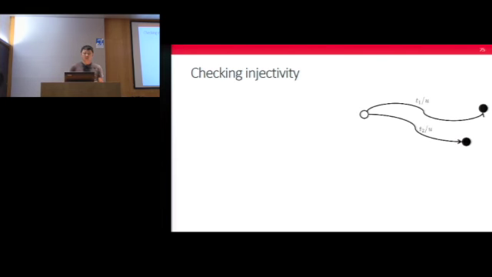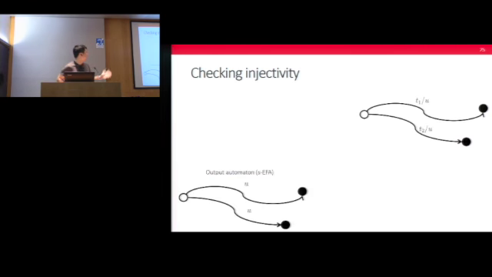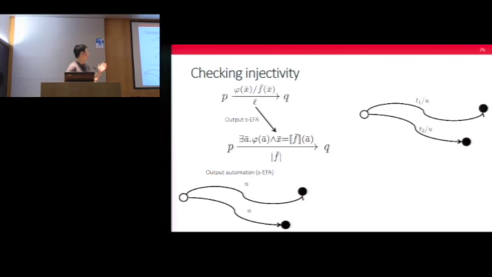Intuitively, a transducer is not injective only if 2 different inputs can produce the same output. To check this property, we can construct its output automaton like this, by replacing each transducer transition with an automaton transition.